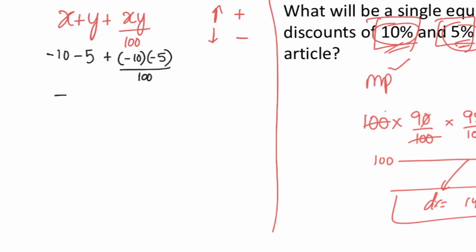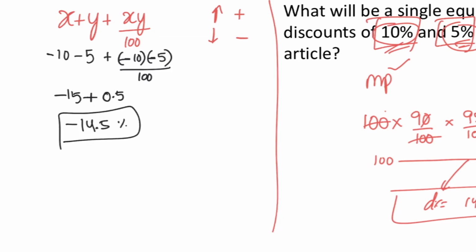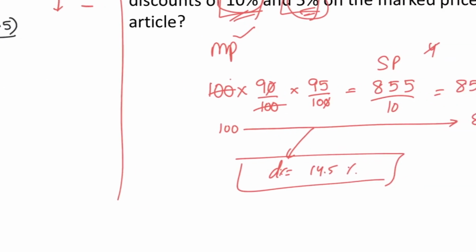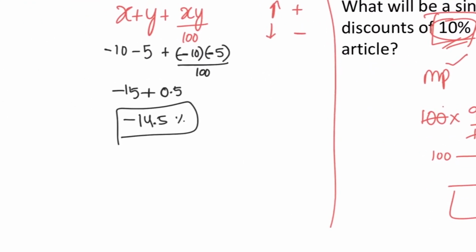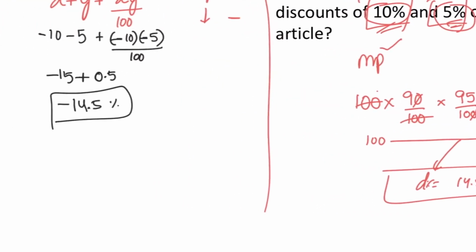Minus 10 minus 5 is minus 15, minus of minus is plus, 10 into 5 is 50, 50 by 100 is 0.5. Minus 15 plus 0.5 is minus 14.5. So effective discount percent is 14.5. You can use the method or you can use the formula. Whichever you use, the answer is 14.5.